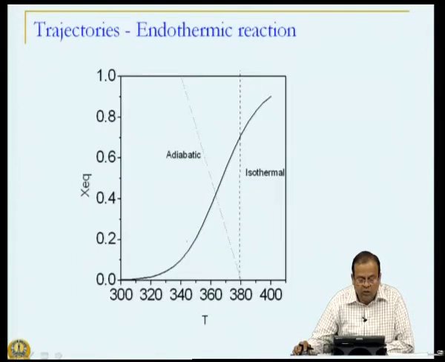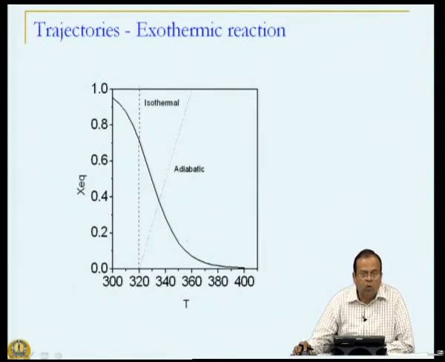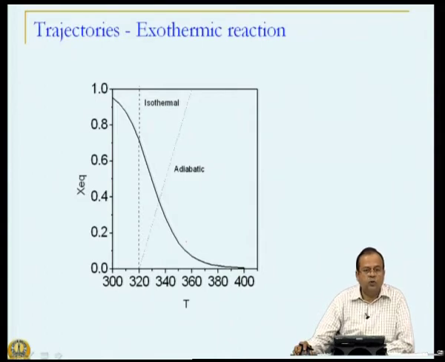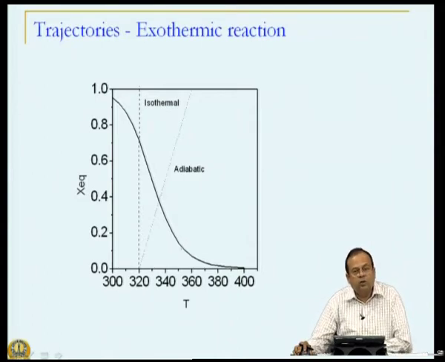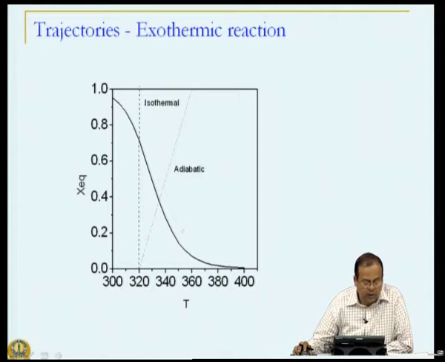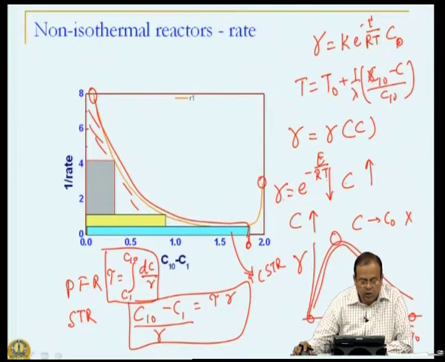Now, let us try to look at what happens when we have a reversible reaction. That is, what is the behavior for a reversible reaction again in an isothermal or non-isothermal situation.